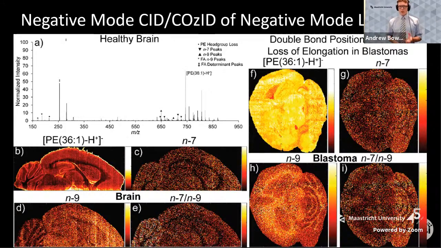I'll show you here PE 36:1 in both brain and medulloblastoma bearing brain, where we're able to detect both N7 and N9 peaks. And we were able to tease those out so that you could see that the N7, N9 actually follows a very similar pattern to what you see in the PCs. And then in the brain, the N7 is also localized to the blastoma itself.